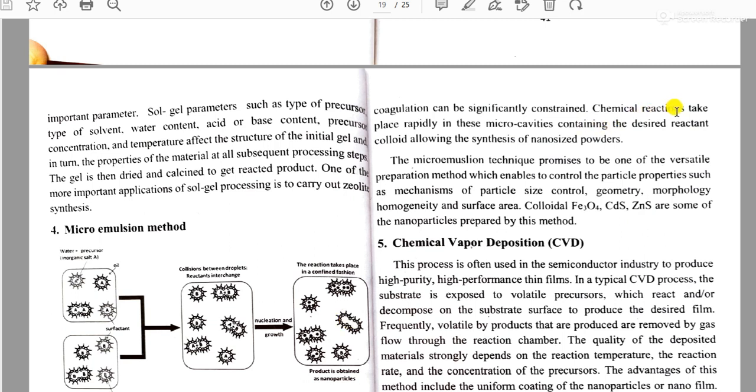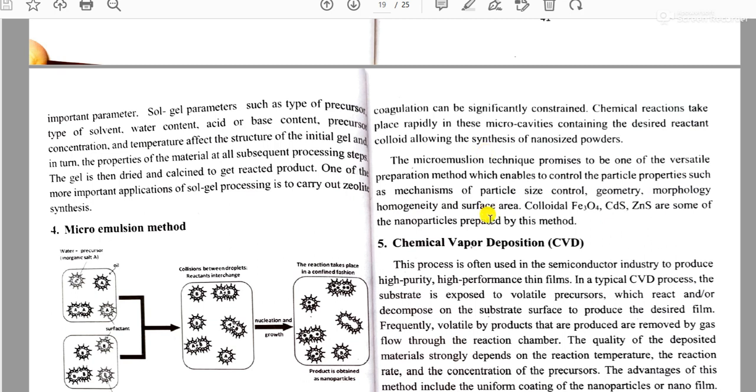The chemical reactions take place rapidly in these micro cavities containing the desired reactant colloid, allowing the synthesis of nano-sized powders. The microemulsion technique promises to be one of the versatile precipitation methods which enables control of the particle properties such as mechanisms of particle size control, geometry, morphology, homogeneity and surface area.